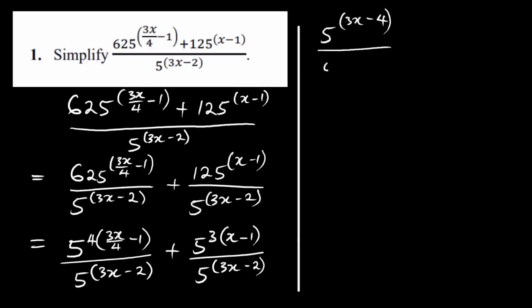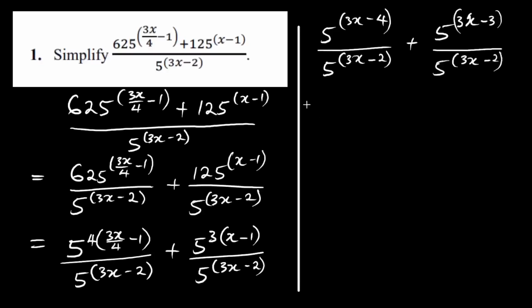all over 5 power 3x minus 2 plus 5 power 3x minus 3 divided by 5 to power 3x minus 2. Okay, the next thing we are going to do here is we are going to use the law of indices that talks about division.